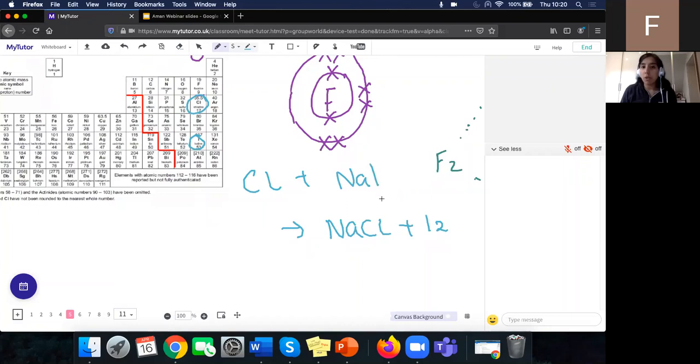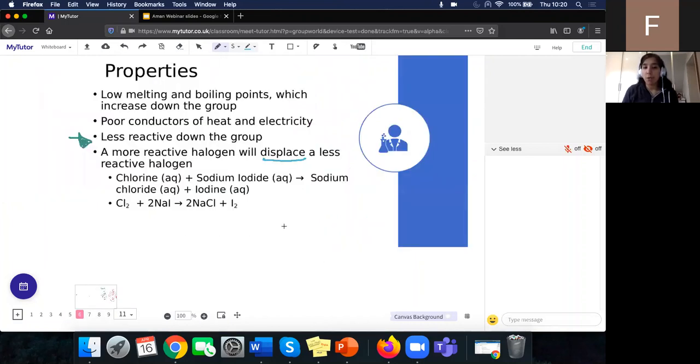That means it gets removed from the equation and chlorine takes its place. So it becomes sodium chloride and we're left with iodine. And the only thing we need to know is what color that forms. So often when we do this reaction, we form colors, and the color depends on which halogen is left on its own. So in this case, iodine is left on its own. So iodine in solution will tend to form a brown or a red-brown color.